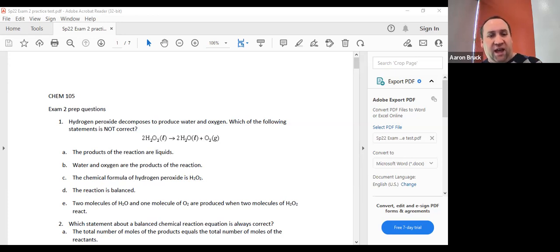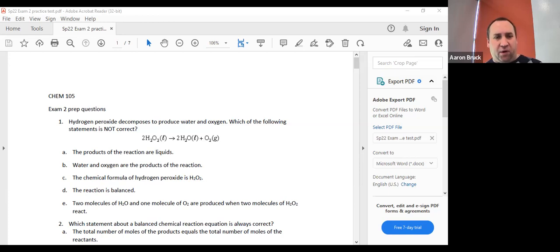And then finally, looking at things like ionic equations. Being able to break a molecular equation down into an ionic and a net ionic equation. Being able to do redox, identifying oxidation numbers, monitoring how those oxidation numbers change, and identifying, okay, this was oxidized, this was reduced, this was the oxidizing agent, this is the reducing agent.